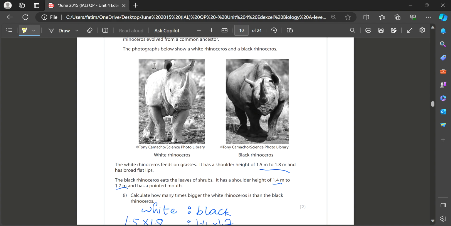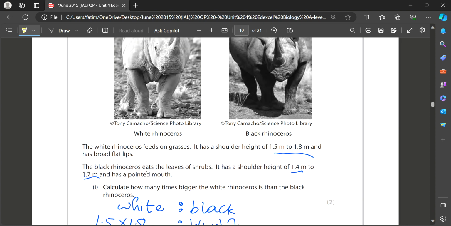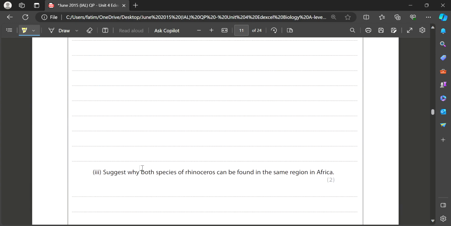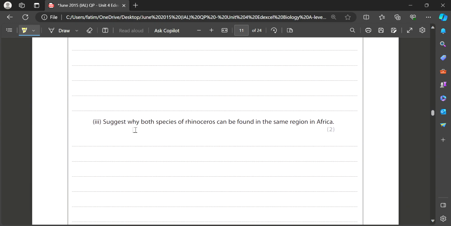Over here they just say they have different food sources. The white one feeds on grass. This one eats shrubs. So that's why you can tell that they have different food sources. So that's why both of them can be found in the same region in Africa.